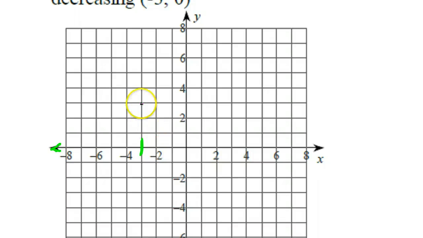Okay, so you know, there's many ways you can make the graph. So let's say, for example, if I make my graph increasing like this, okay.